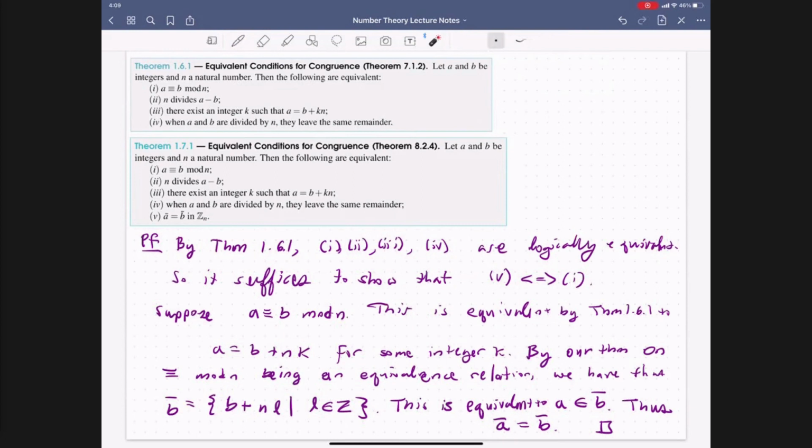So when we think about congruences, the reason I'm bringing this up is that you want to think about a congruence as being any of these 5 statements since they are equivalent. So whenever we say A is congruent to B mod n, it really is the same as saying A bar equals B bar in the integers modulo n. And so when I use the word congruence, it really means any of these 5 statements. And that's really common as you go through upper level math books.